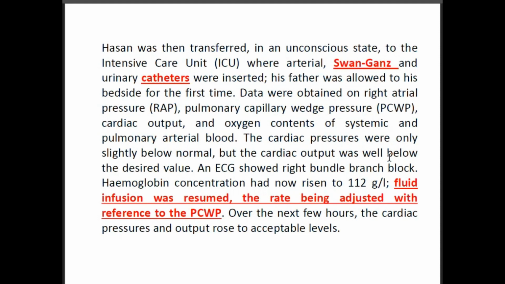So now the fluid is again resumed because we are still managing the shock, although the parameters are a little bit better, but this guy needs more fluids to be better because he's still unconscious. Over the next few hours, the cardiac pressures and the output rose to acceptable levels.